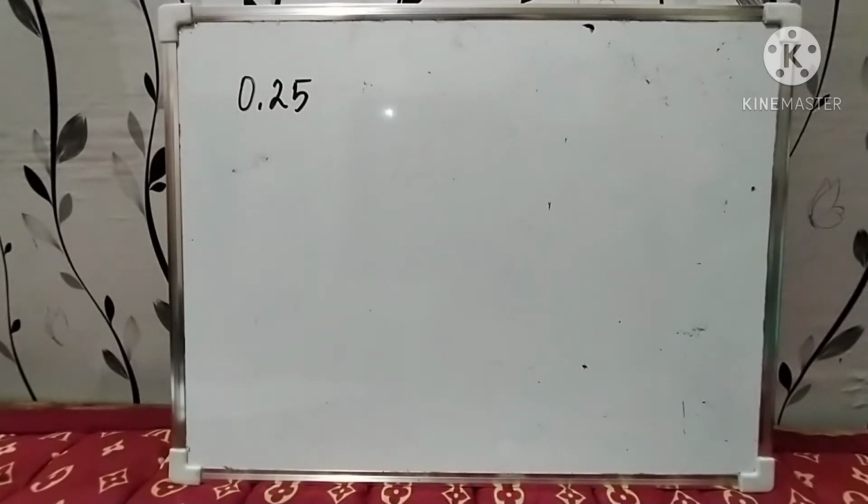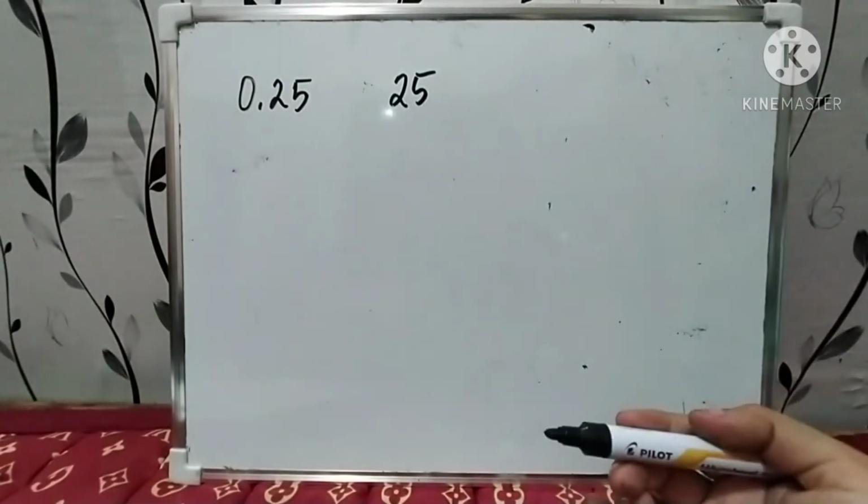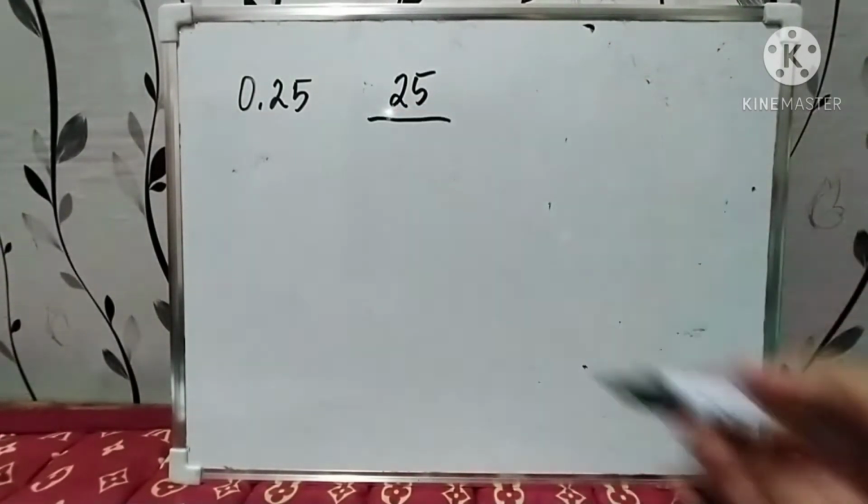So, shortcut na lang yung ibibigay ko sa inyo. Ito kasi yung pinakamadaling way na ginagawa ko to convert decimal to fraction. Okay? So, the first thing na ginagawa ko is, kinokopya ko muna yung decimal number, yung 25. Kukunin ko lang yon 25. Tapos, maglalagay ako ng fraction bar.